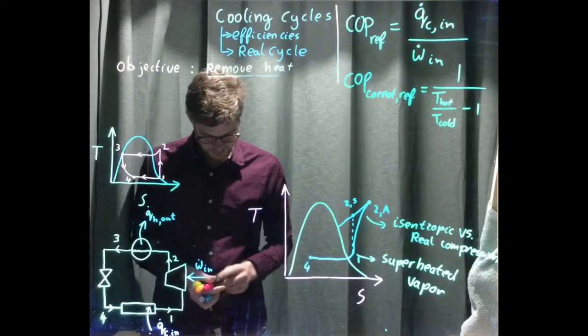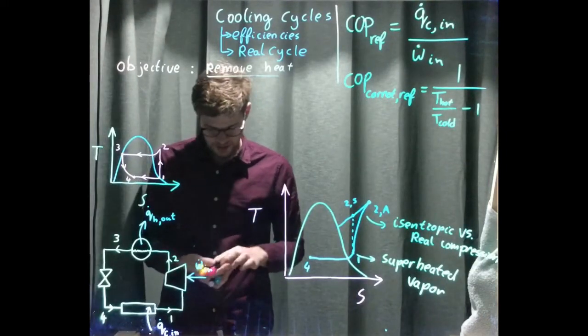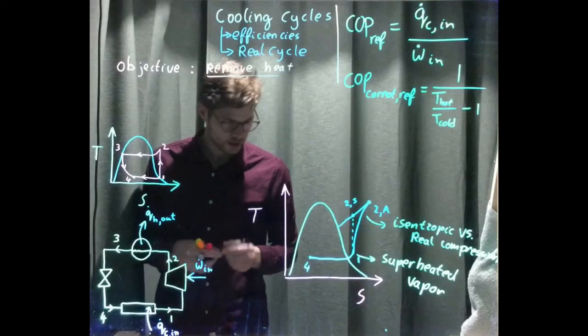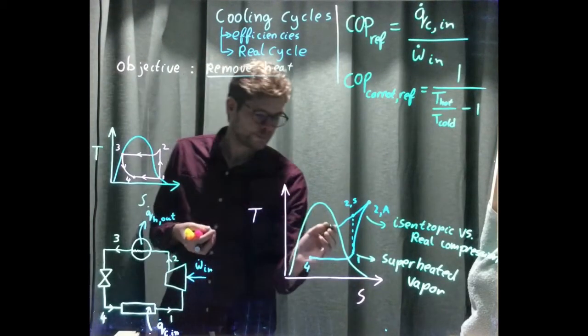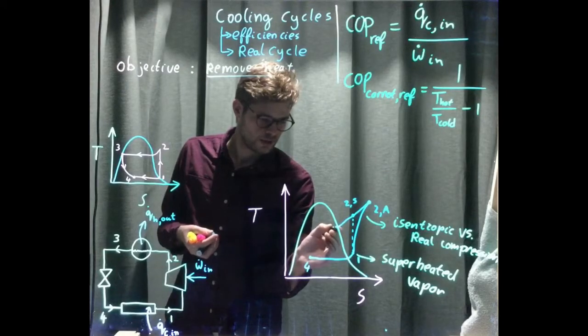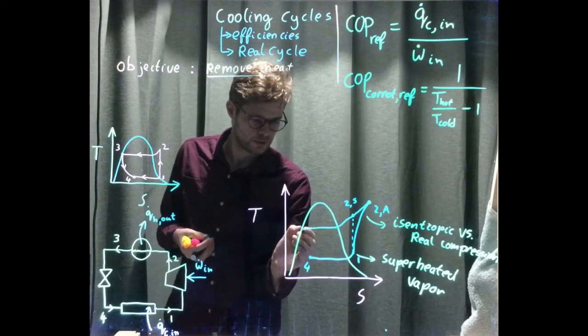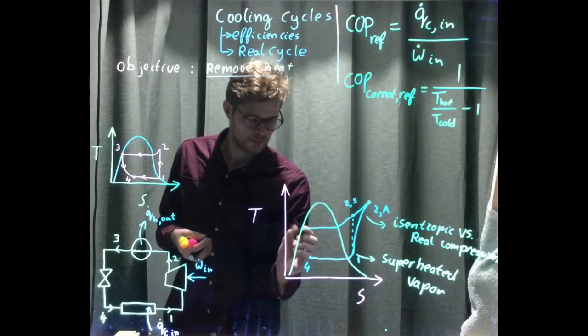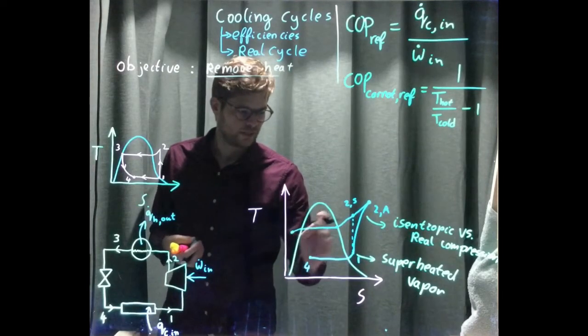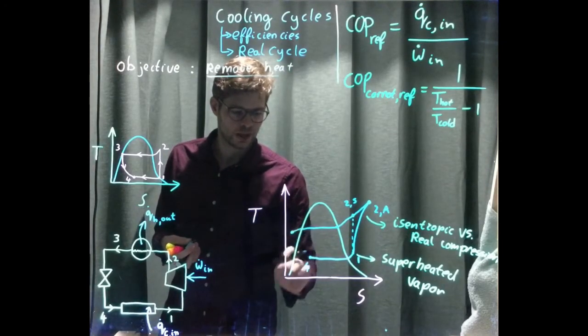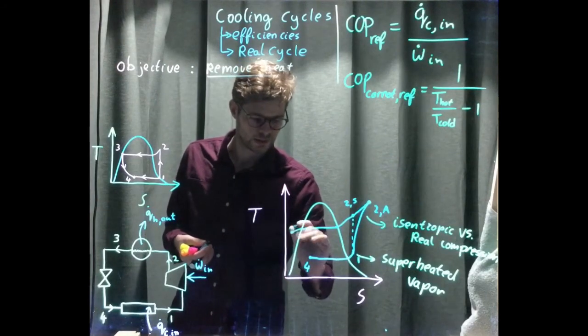Over here we may experience the same when going through the condenser. A condenser is usually a set of tubes as well, so you have a little bit of pressure drop, maybe up here, and sometimes the fluid is even more cooled than just to the liquid line, the saturated liquid.